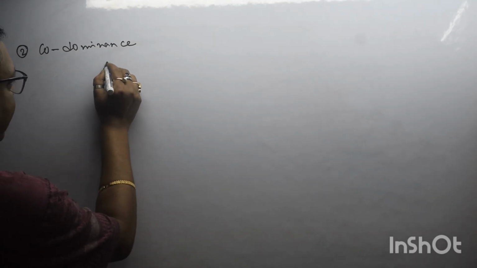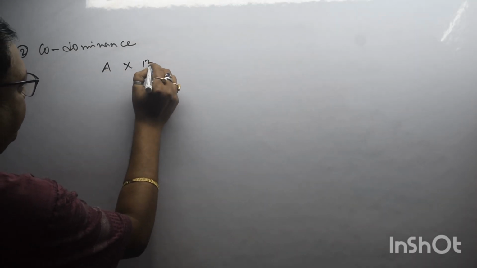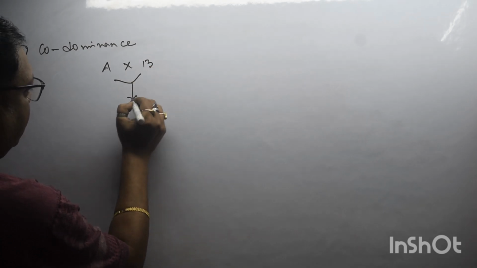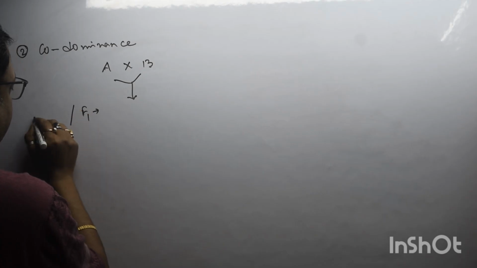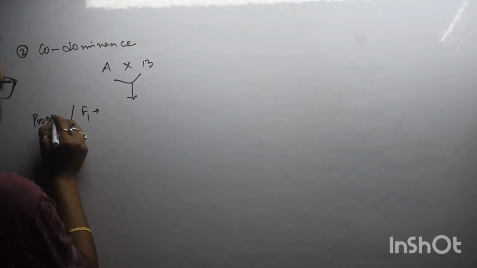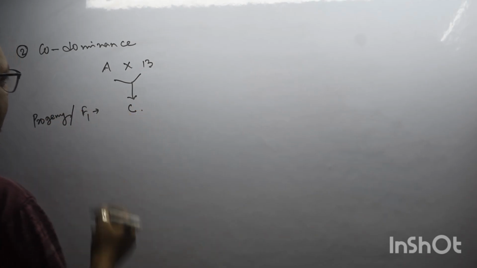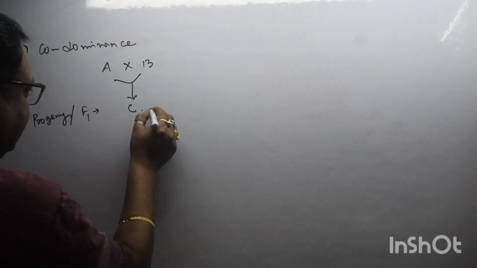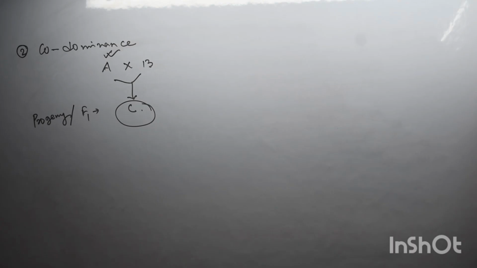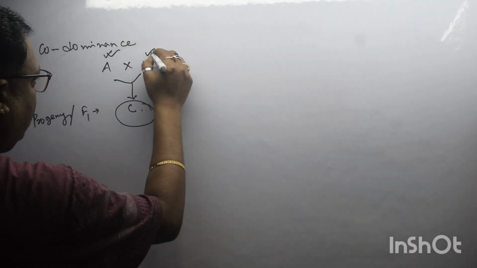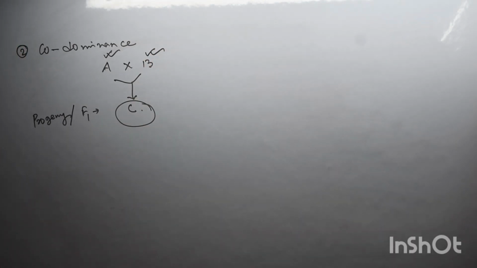Now, in case of codominance, suppose parent A is crossed with parent B and we get F1 or progeny C. Here, in case of C, neither A will be dominant nor B will be dominant, or neither A will be recessive or B will be recessive.